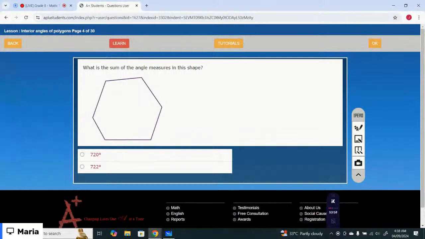What is the sum of the angle measured in the shape? Which is the correct option?